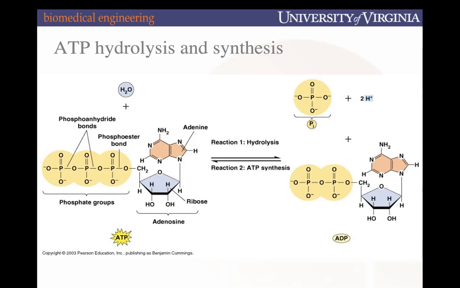ATP consists of three phosphates in the phosphate group. There's a ribose sugar here, and there's this base group adenine that all together makes adenosine. We've talked about the process of ATP hydrolysis, whereby it loses a phosphate group that can then be used via kinases to activate things.